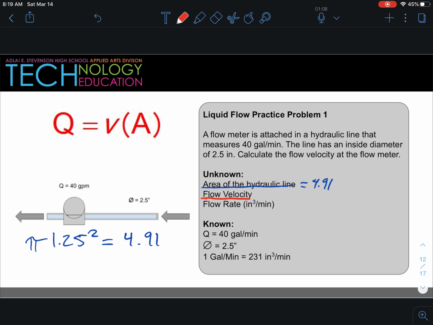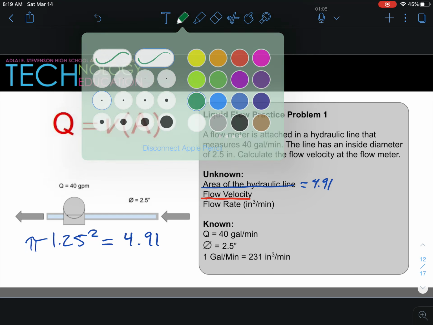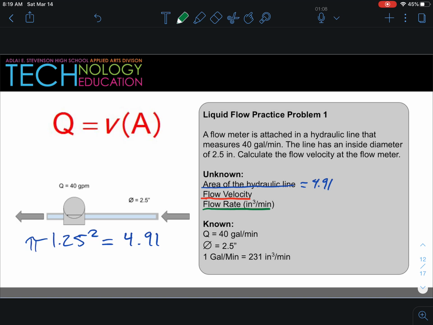We're going to solve for the flow rate first. We need our flow rate because we can find velocity if we have Q and we have A. Right now we just have A and we kind of have Q. We have Q at 40 gallons per minute, but we need to make a conversion. Every gallon equals 231 cubic inches.